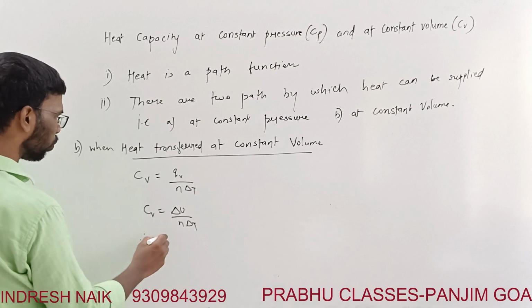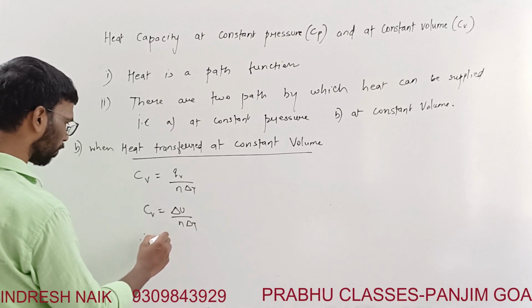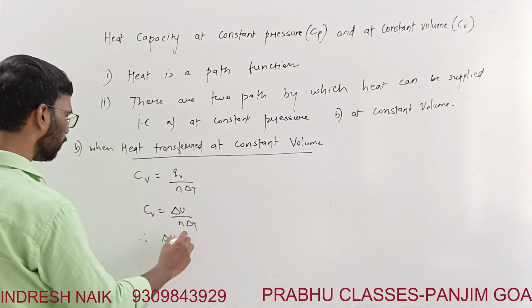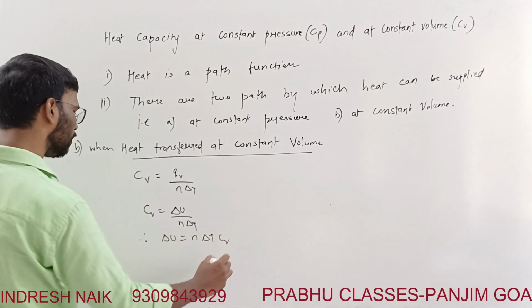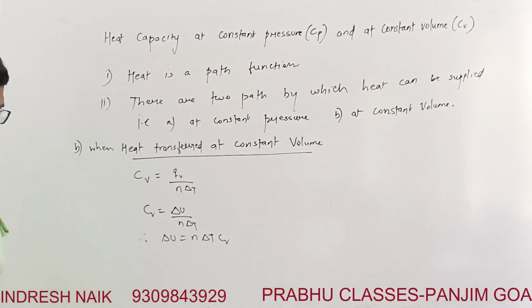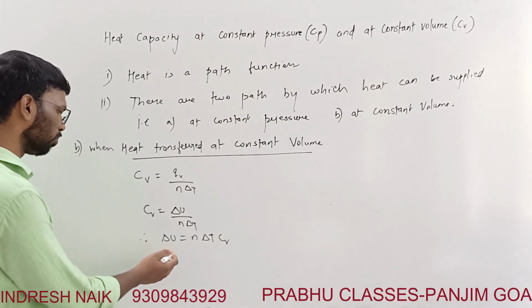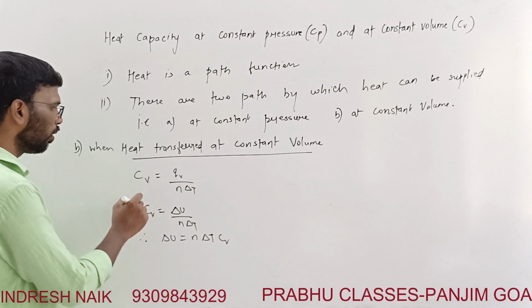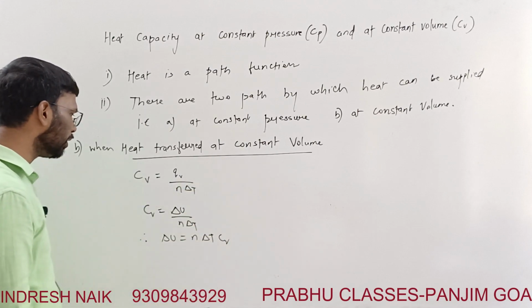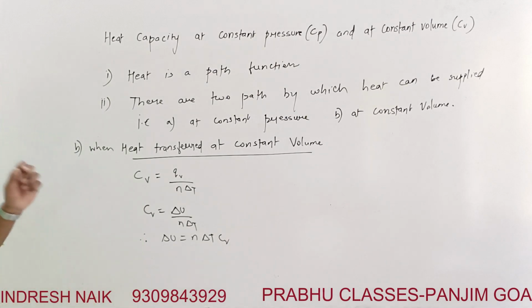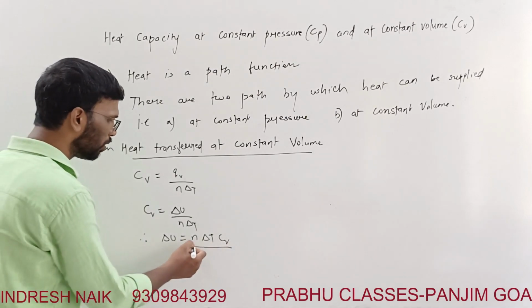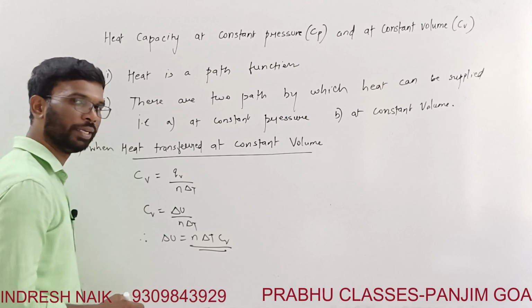Therefore, this could be written as delta U is equal to n delta T Cv, right? It could be written this way also. So these are the things which you have to understand with respect to when heat is transferred at a constant volume.